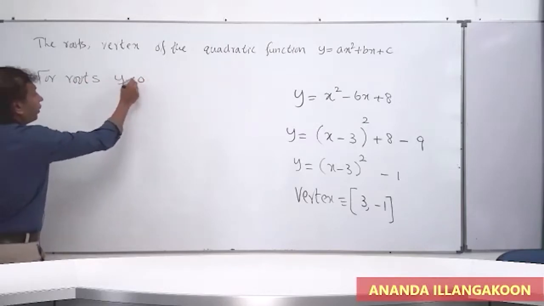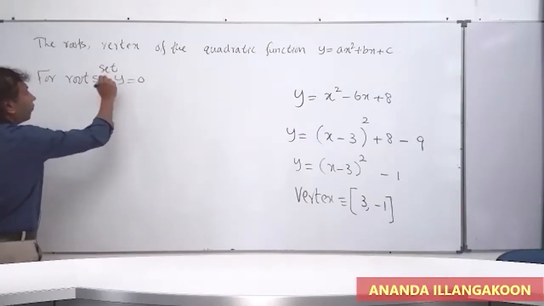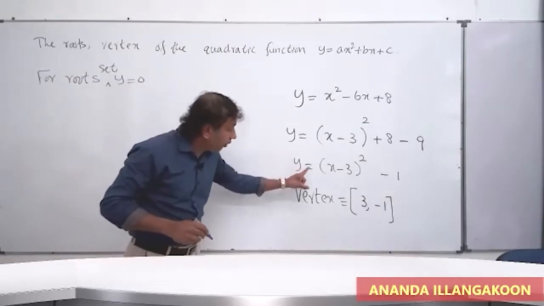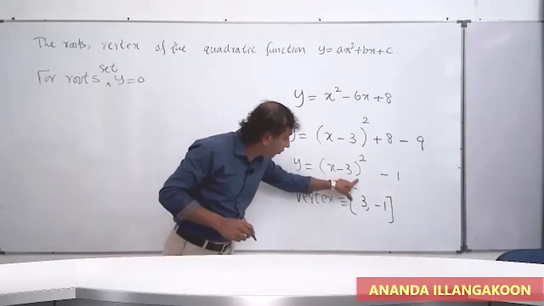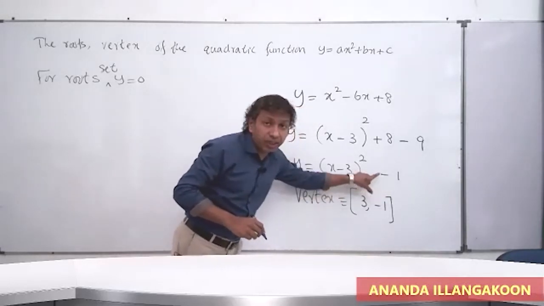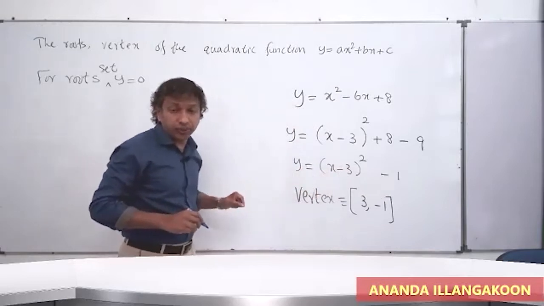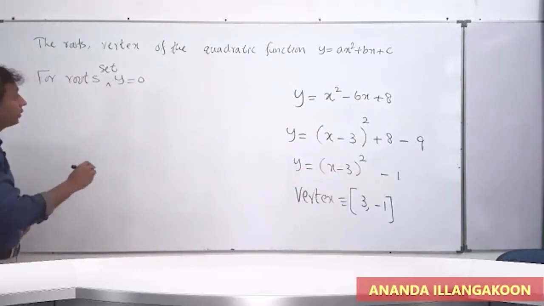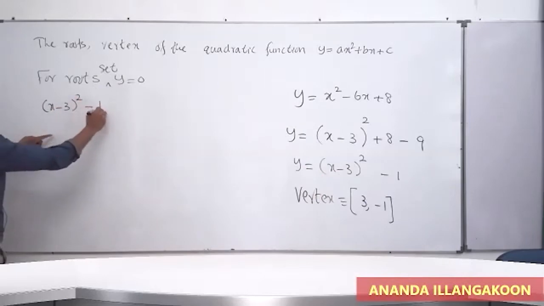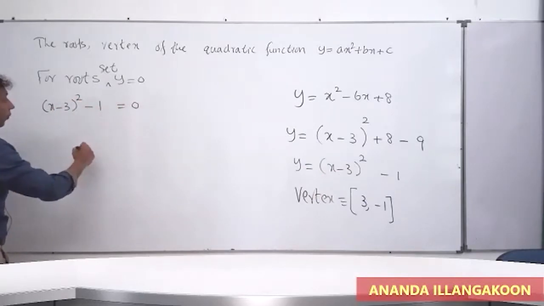For roots, we have to set this y to 0. Once you put y as 0, the left side will be 0. Then 0 equals this right hand side, which means the right hand side equals 0. From there we can start. So I can write here x minus 3 perfect squared minus 1 should be equal to 0, right?